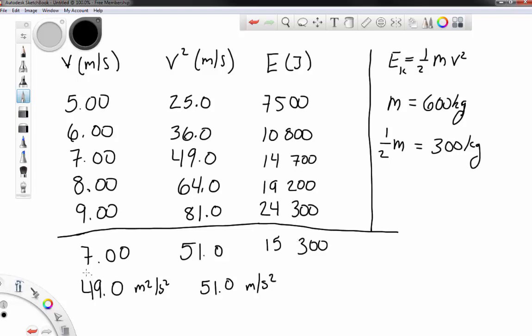Because if it's the number we got by adding up all of the speeds, finding a simple average, which was 7, and then squaring it, then by solving for the v squared term and taking a square root, you get the average speed.